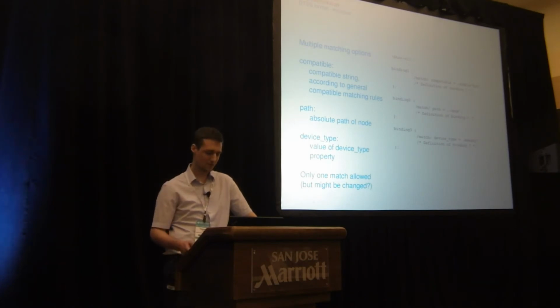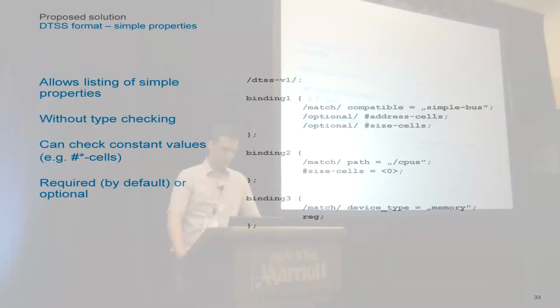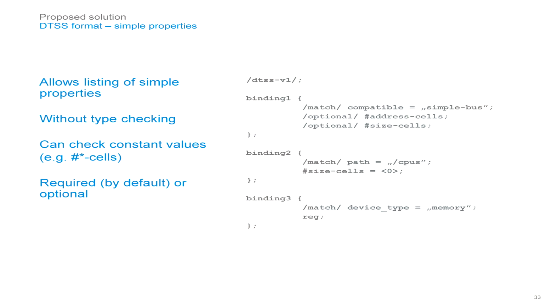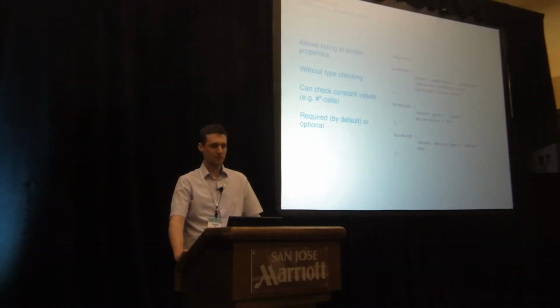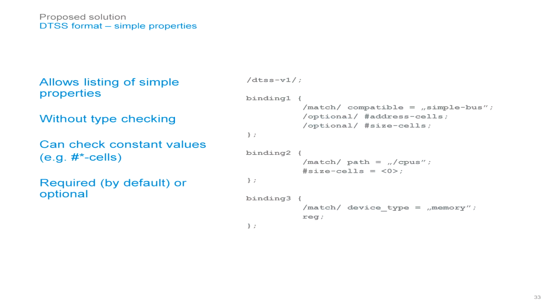Based on analysis of existing bindings, it turned out not to be needed right now. So the DTS language also allows listing of simple properties, as mentioned before. At the moment, the schema language just specifies the list of properties without any type checking yet.